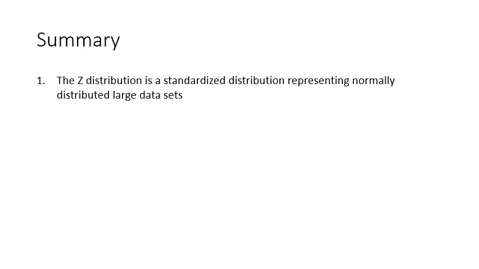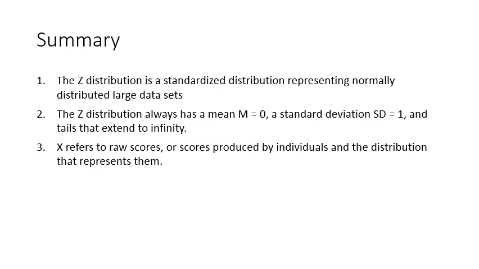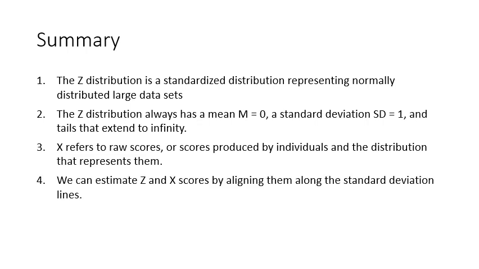So to conclude, we can say that the Z distribution is a standardized distribution representing normally distributed large data sets. The Z distribution always has a mean of 0, a standard deviation of 1, and tails that extend to infinity. X refers to raw scores, or scores produced by individuals, and the distribution that represents them.